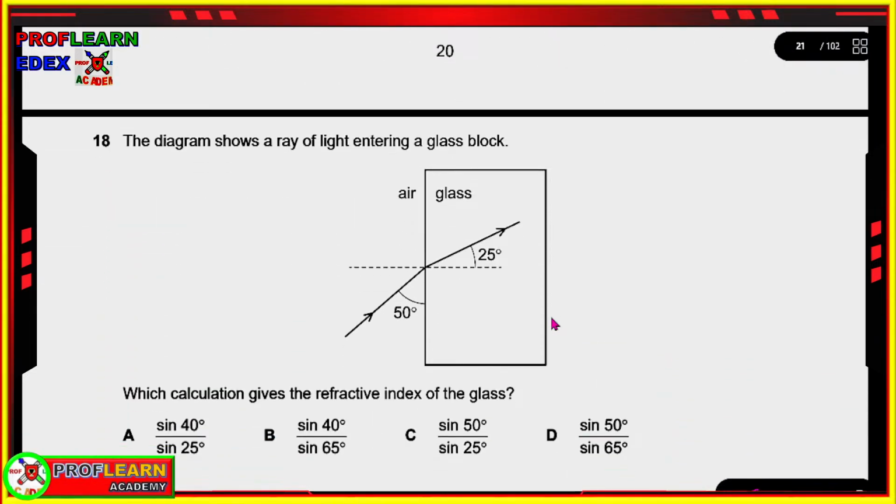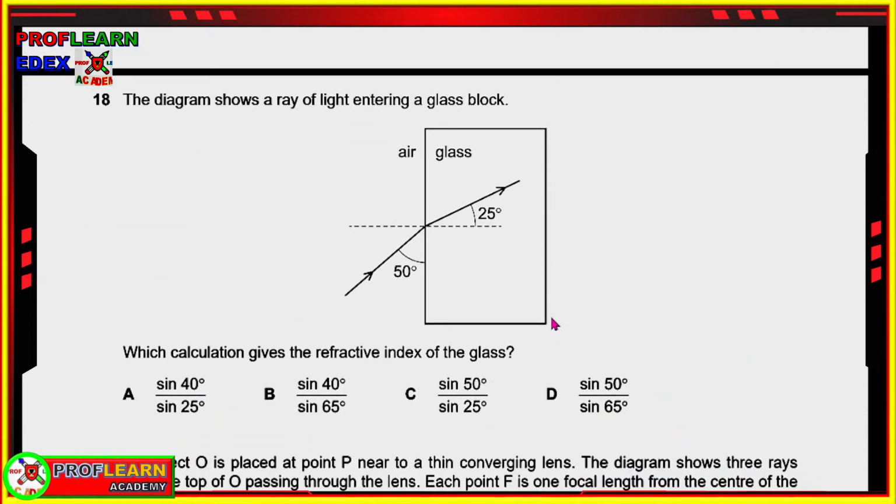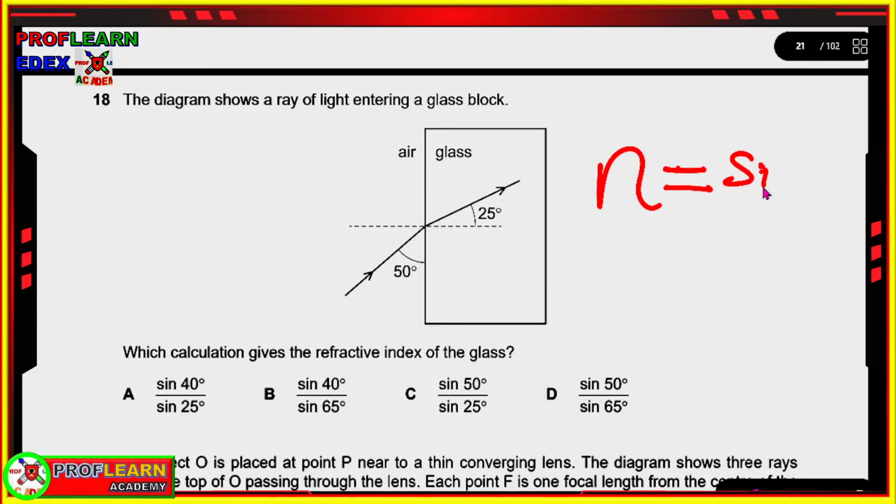The diagram shows a ray of light entering a glass block. Which calculation gives the refractive index? We know refractive index is equal to sine i over sine r. So i is the angle between the normal and the incident ray.